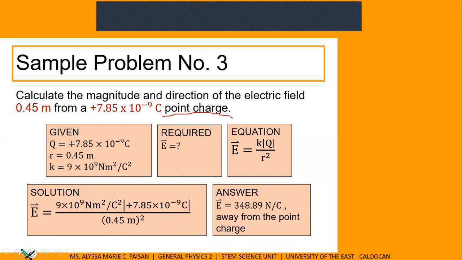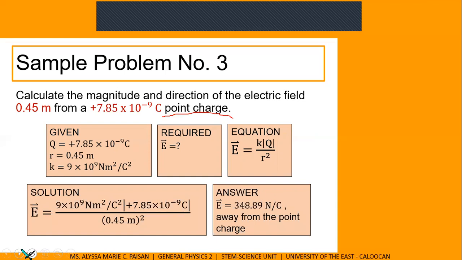Ngayon, dito, pwede na nating malaman yung direksyon kahit hindi natin alam yung direction ng force. Hindi naman factor yung force doon sa equation natin. So, paano ko nasabi that the electric field is away from the point charge?